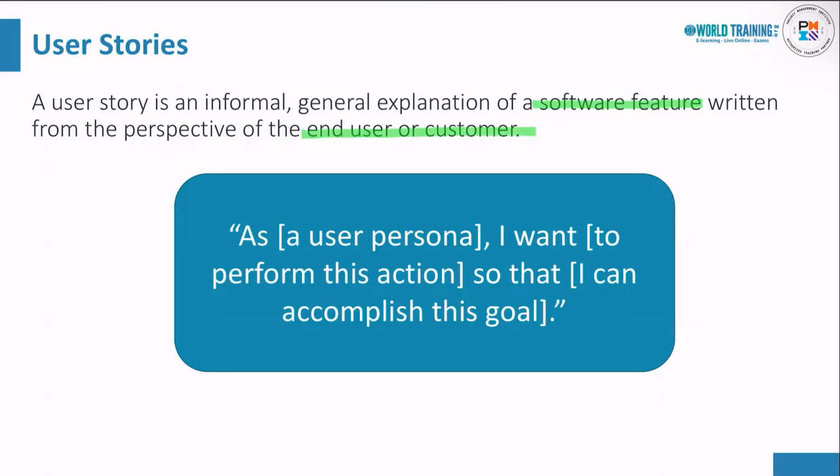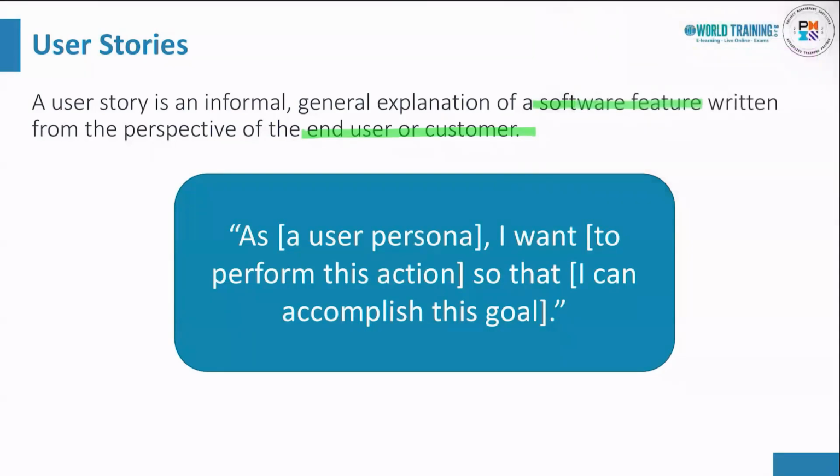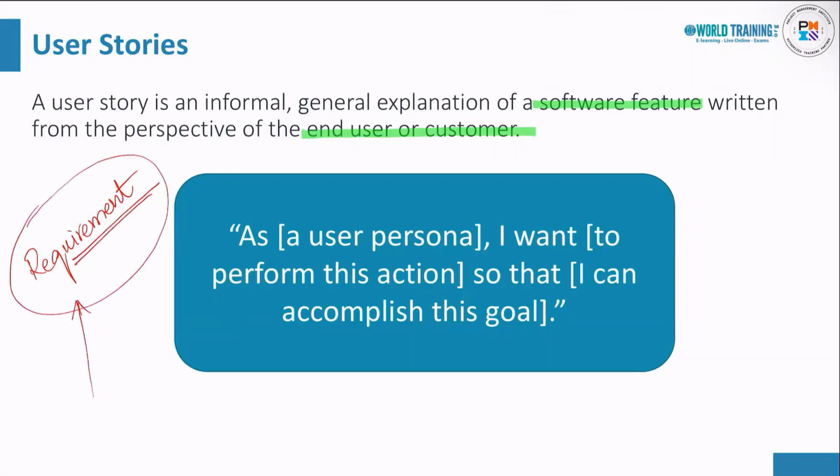In traditional projects, the term which is used to represent customer expectation is called customer requirement or customer needs. However, in Agile, it is called a user story.